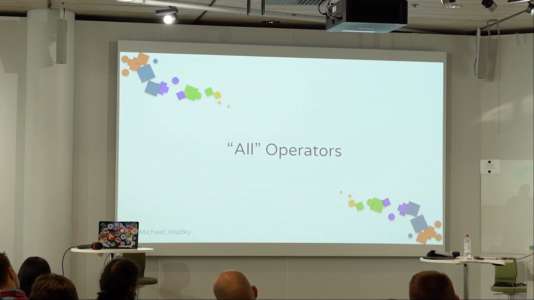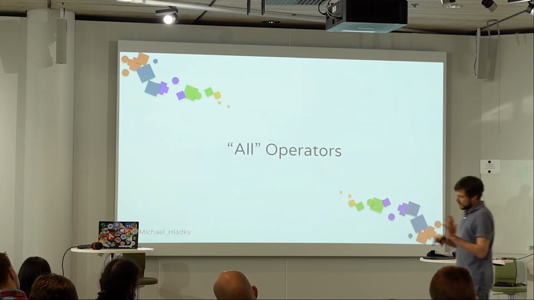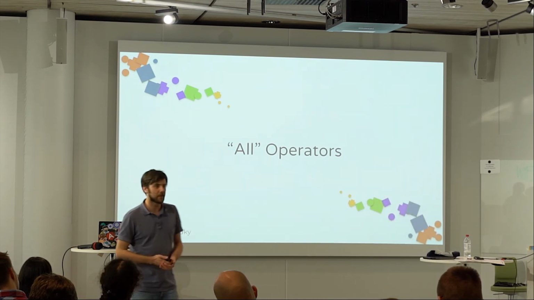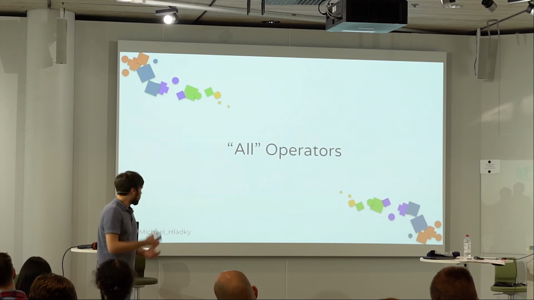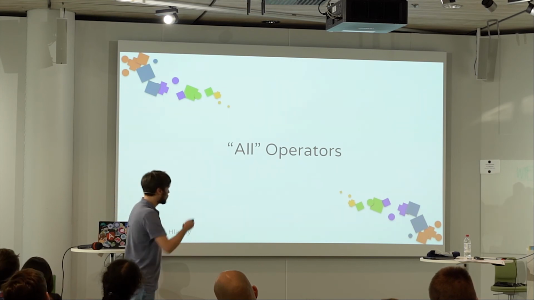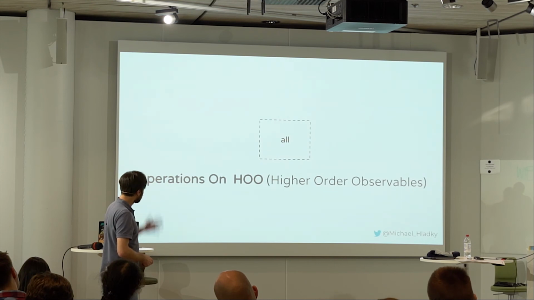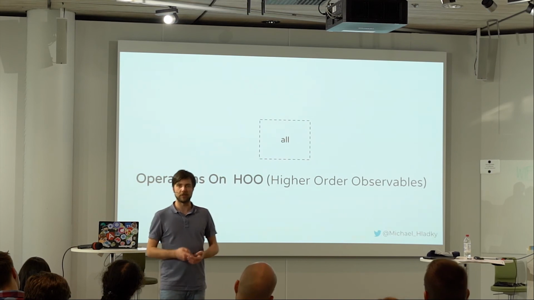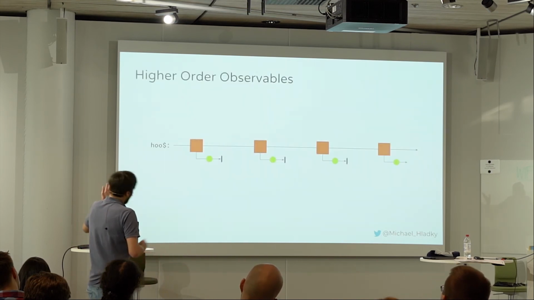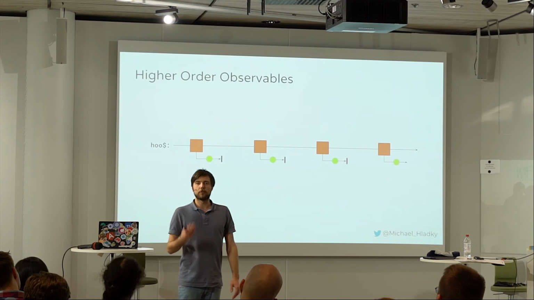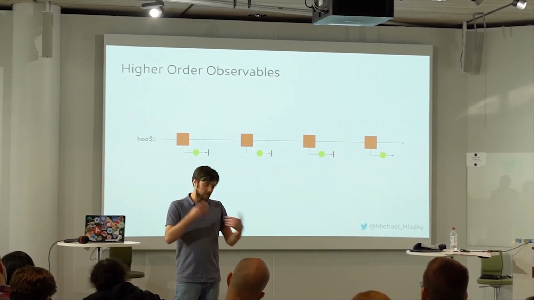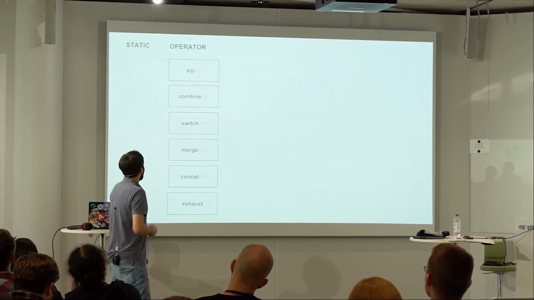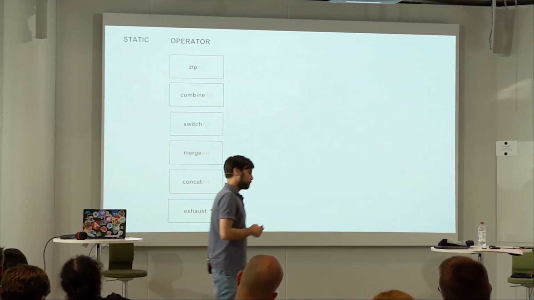And then there is a set of all operators. I will skip pretty much all of them. I will just give you one example of an all operator so that you can get a better idea of all those other all operators. So all operators are operators for higher order observables. And a higher order observable is an observable that emits observables internally, which looks like this, and there are several of them.